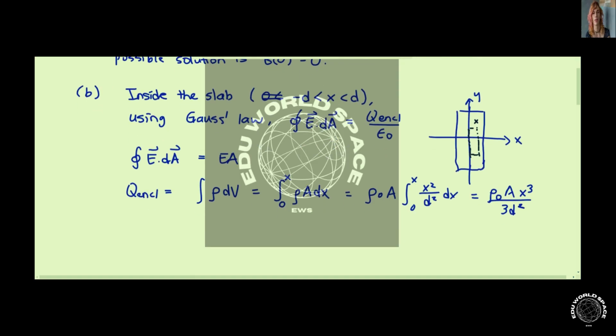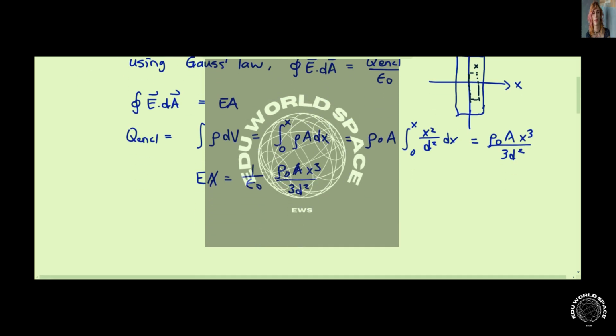Putting both sides together, E A equals 1 over epsilon naught times rho naught A x cubed divided by 3 d squared. Cancel the A and rearrange: E equals rho naught x cubed divided by 3 epsilon naught d squared.